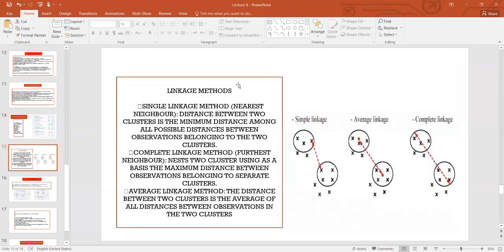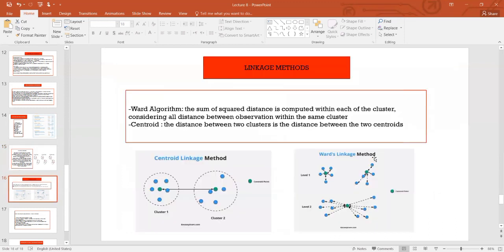Linkage methods. Single linkage method is the minimum distance between two clusters. Complete linkage method, كمان it's the maximum distance between two clusters. And the average linkage method is the average of the distance between two clusters. Linkage method, Ward's algorithm.